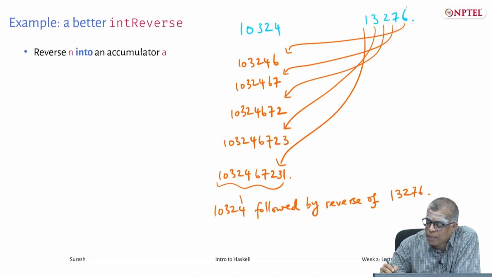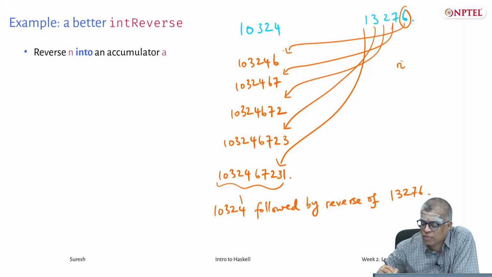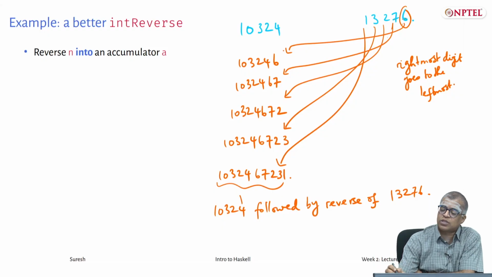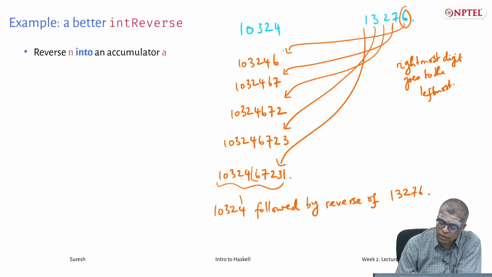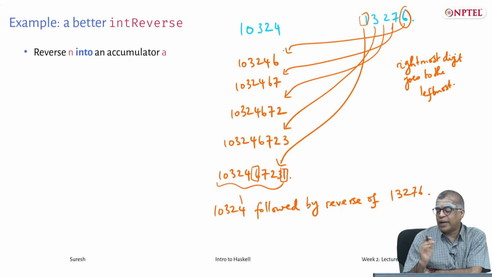Because you picked the rightmost digit, you put it at the rightmost here, but once you have removed that, this becomes the rightmost digit, but this is to the left of that, and that you are putting to the right here, so you are automatically reversing, right? The rightmost goes to the leftmost really. As a result of this process, the rightmost digit, which is 6, goes to the leftmost here. It's here. And the leftmost digit goes to the rightmost. That's here. Okay. So this is the idea that we want to use.